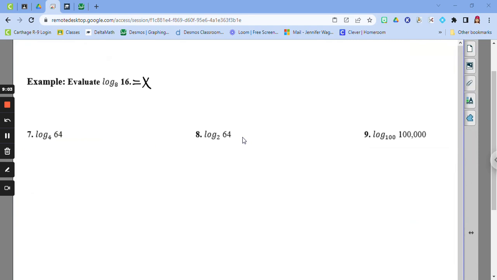Well, to find that value of x, I could rewrite that as an exponential equation. So I could say 16 equals 8 to the x. How can I figure out that value?